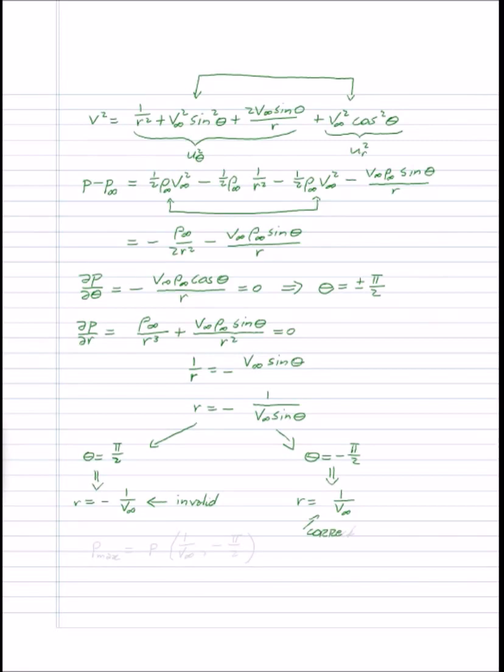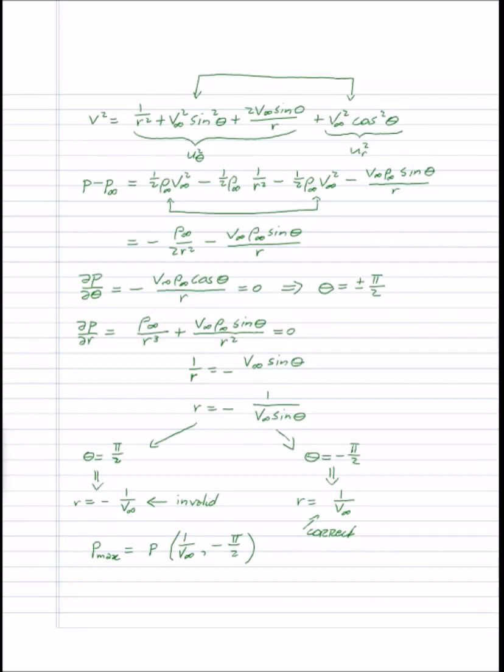That's going to be my correct solution. So my P max is defined as my P evaluated at 1 divided by V infinity and minus pi over 2. So that's the R and theta value at which this occurs.